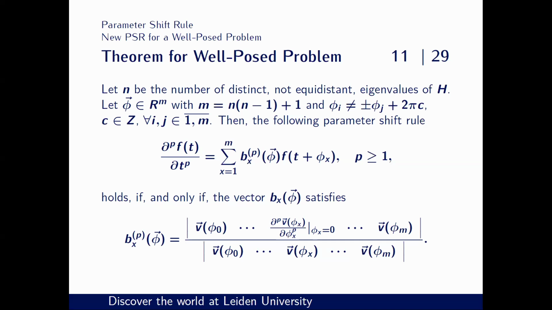And then it's known that the parameter shift rule holds if and only if the vector B is the following. This is a determinant. I think it's from the Vandermonde matrix. So basically, you take the matrix, you cross out the column of interest, you substitute the derivatives, and you find the determinant. That's it.